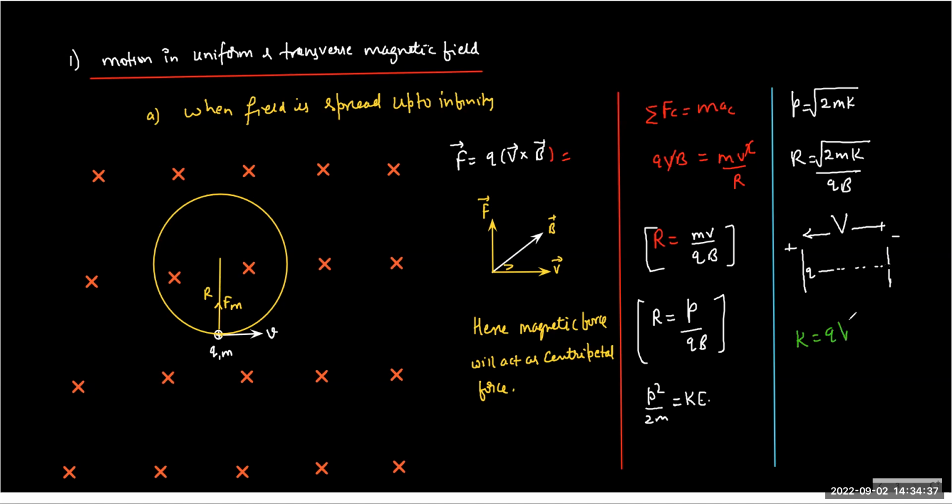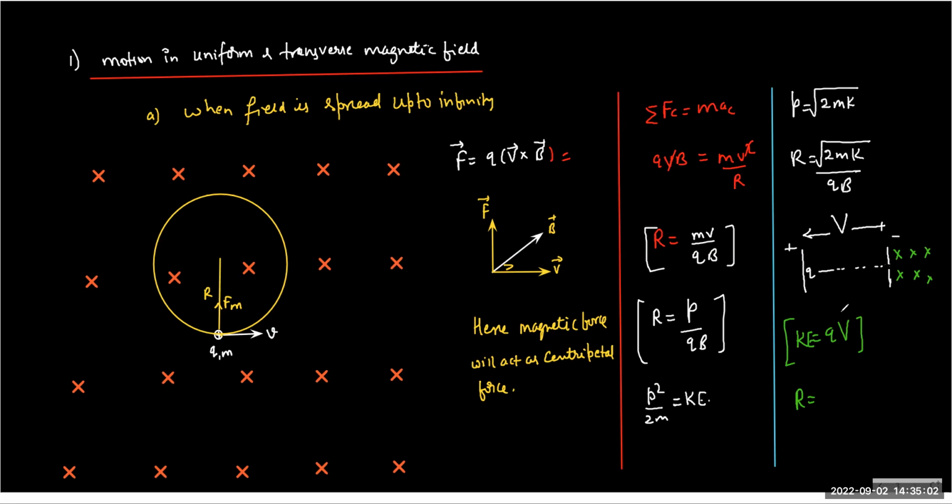Q into V. So the radius we can rewrite as, let's say this particle enters the transverse field.